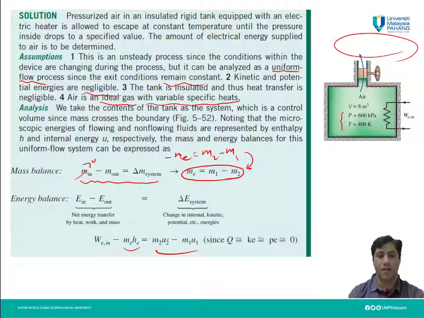We have only the change of the energy of the system, because we don't have any change in the kinetic energy of the system, any change in the potential energy of the system, and we don't have any heat transfer from the system. So the change in the energy of the system is only due to the change in the internal energy of the system. So M2 U2 minus M1 U1. So we have also this equation.